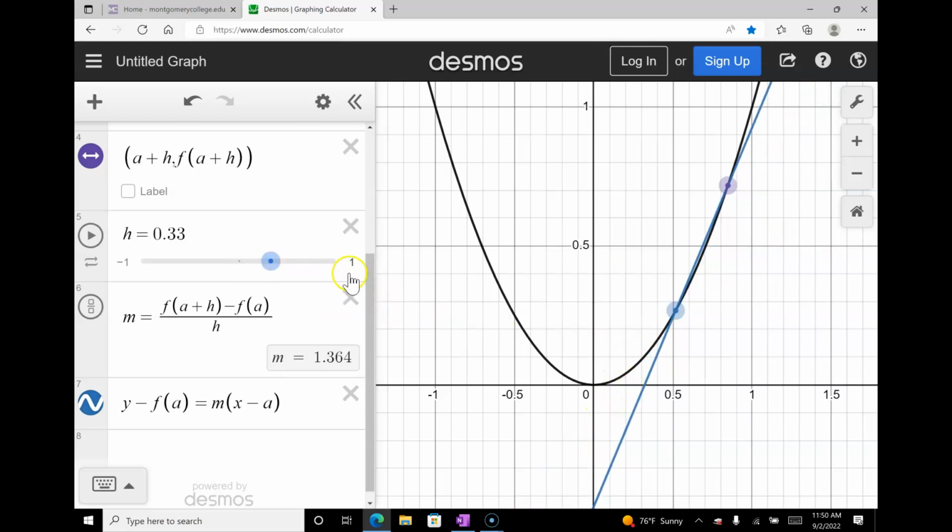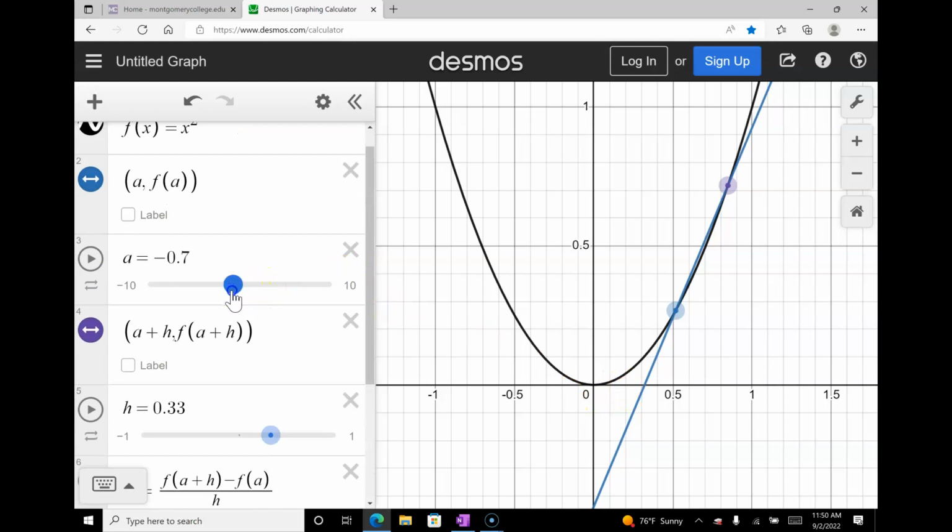But the idea is, if I have a fixed A, like for example 0, and then I move my h closer to 0, what kind of line am I going to have when I get right to h is 0? What kind of line is it?